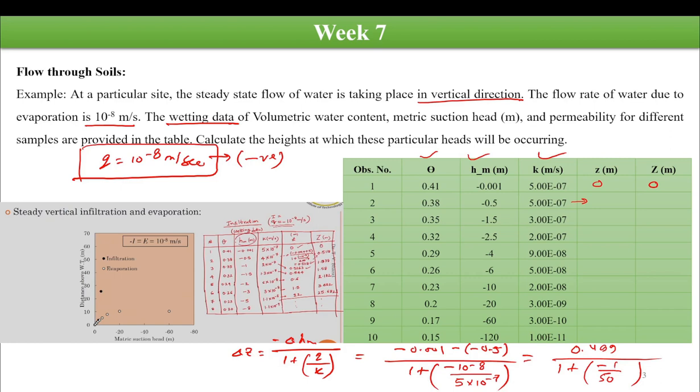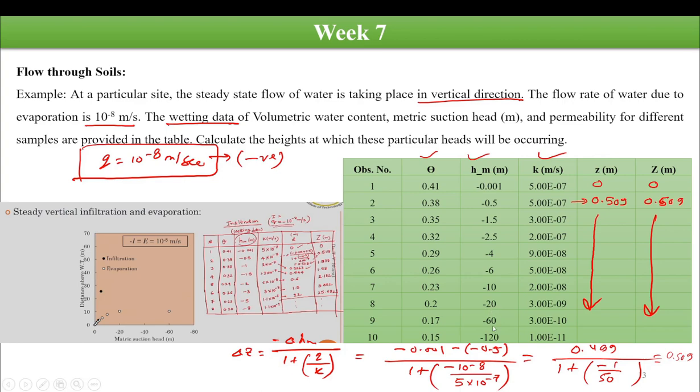Solving it further, we'll observe delta Z is going to be 0.499 divided by 1 minus 1 upon 50. That's going to be 0.509. So here it will come 0.509. So here also it will come 0.509. So these values we can now fill with the similar concept.